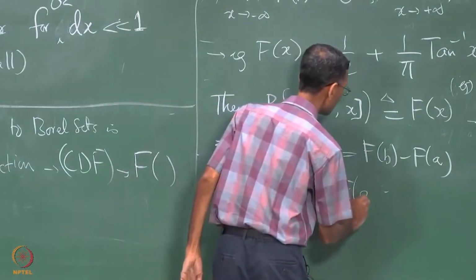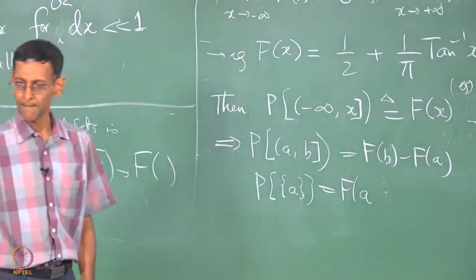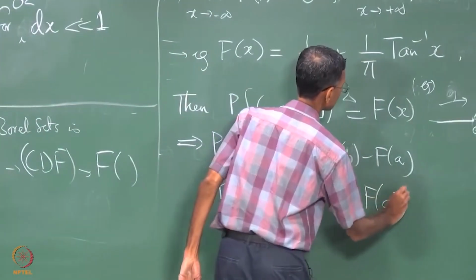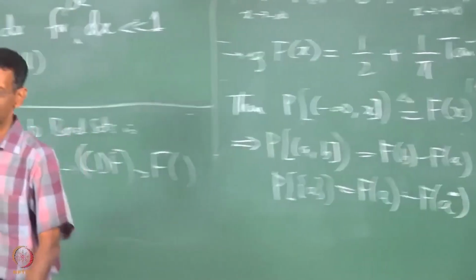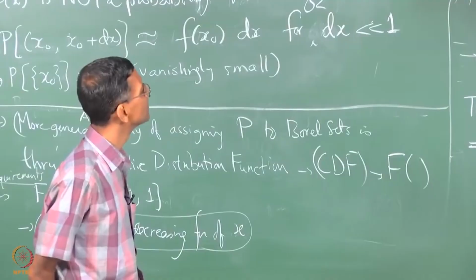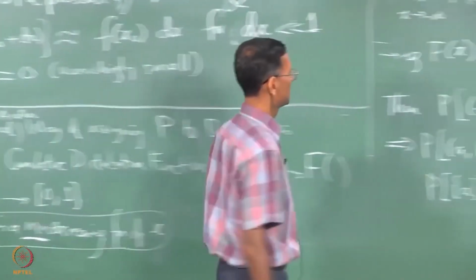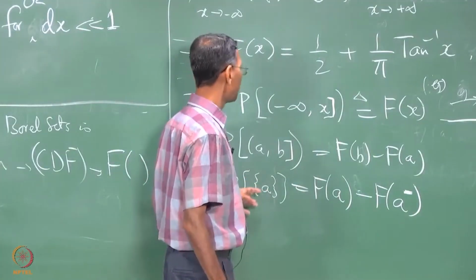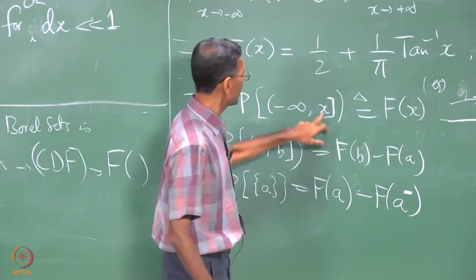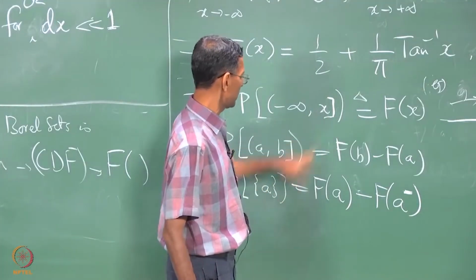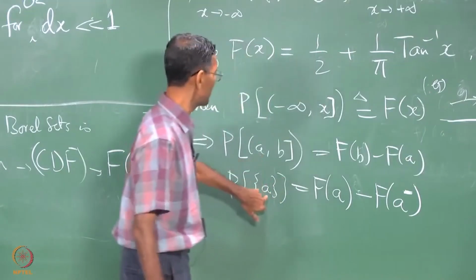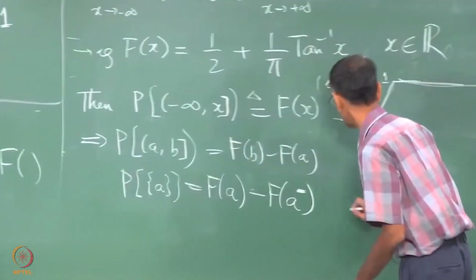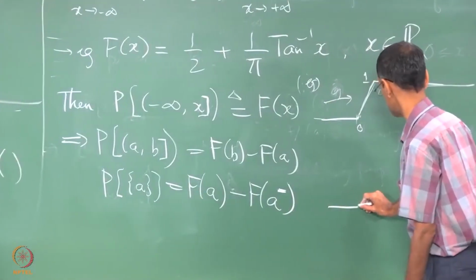This is going to be f of a, and if I make this arbitrarily close to a, supposing I want to include the point a itself, if I just want to look at that point, then I look at the value there.